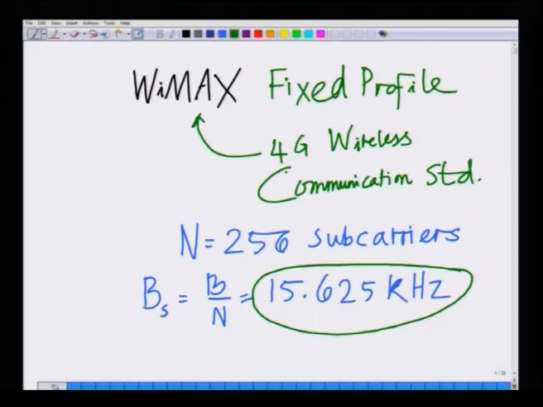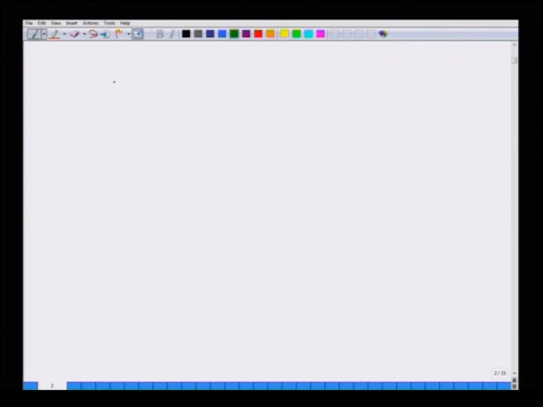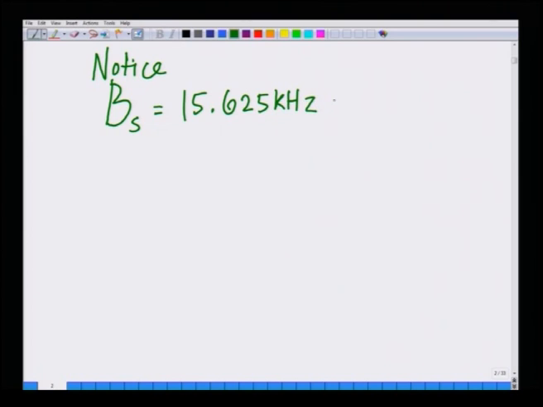So, we notice that Bs equals 15.625 kilohertz, which is much smaller than the coherence bandwidth, which is approximately around 200 to 300 kilohertz.